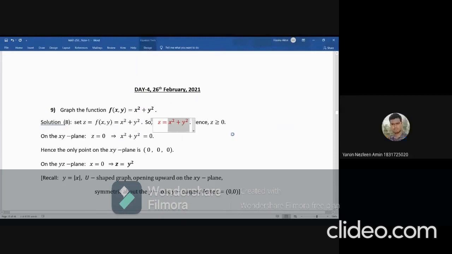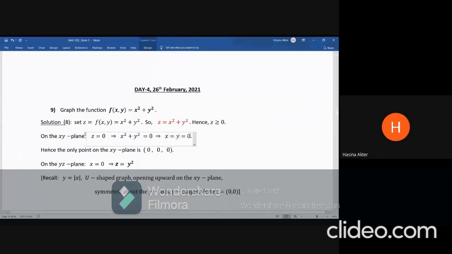If we take the projection on the xy plane, z equals 0. So if you set z equals 0 here, then you get x squared plus y squared equals 0. Obviously this implies that x and y both are 0.